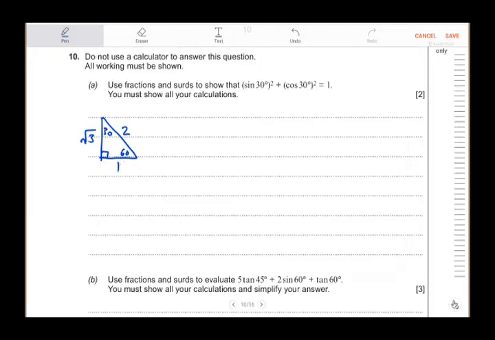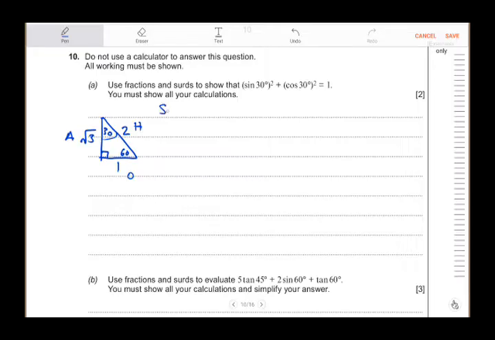Now we're going to use these three lengths to work out what sine 30 is and what cos 30 is. Well, we know sine is opposite over hypotenuse. Well, if we're looking at 30, that's the opposite. This is obviously the hypotenuse. And that's the adjacent when we're looking at 30 degrees.